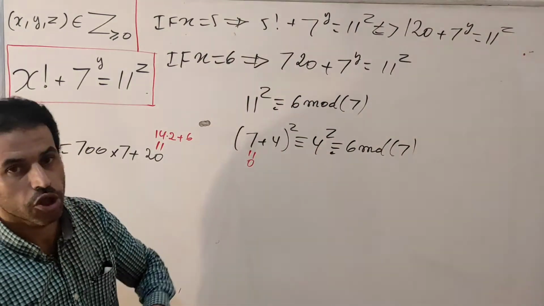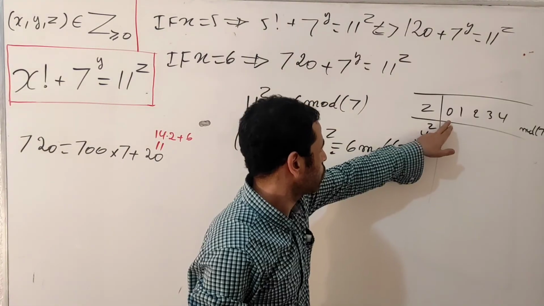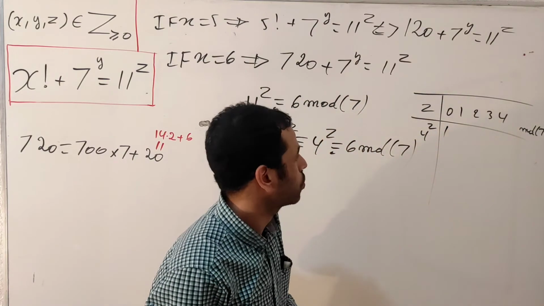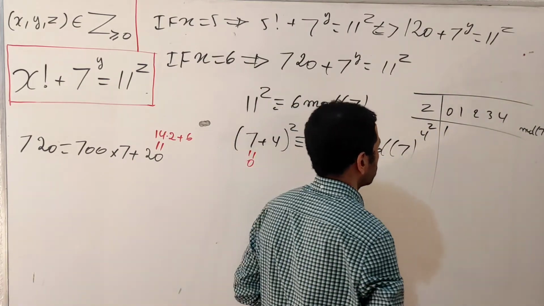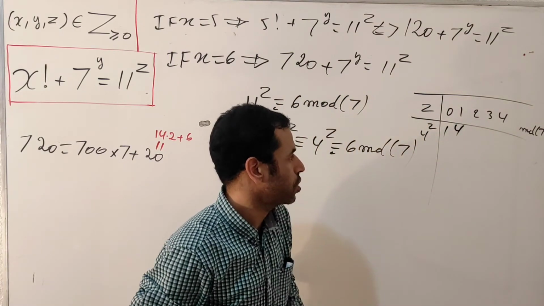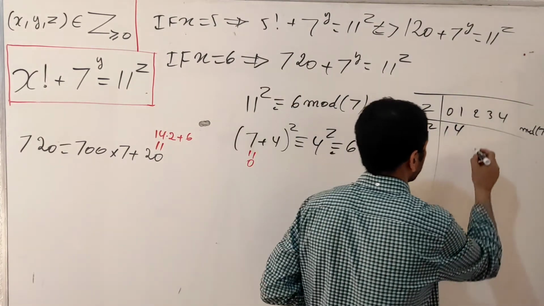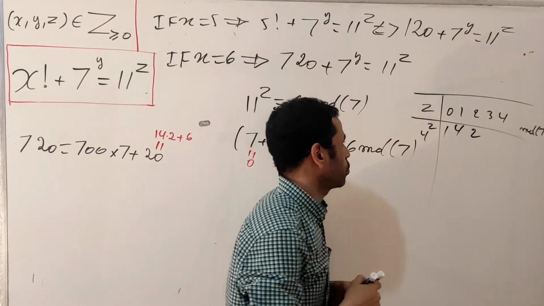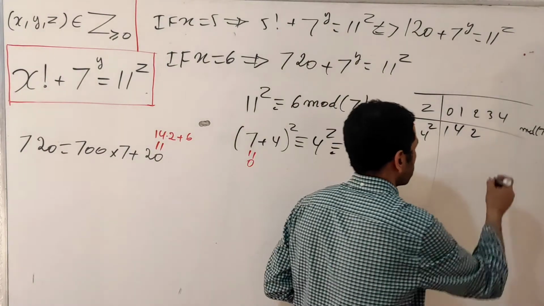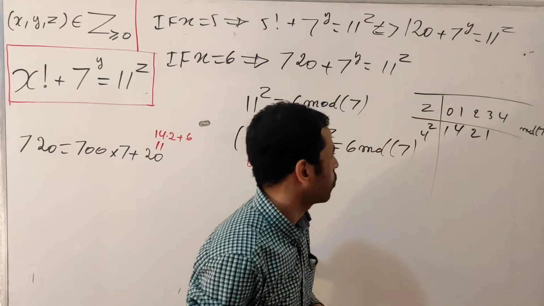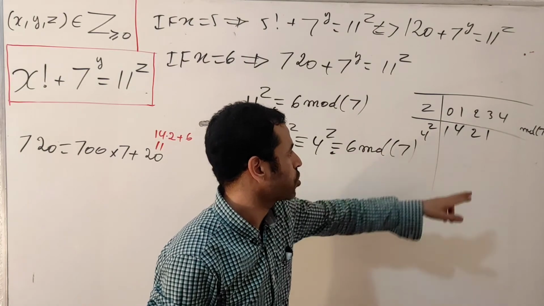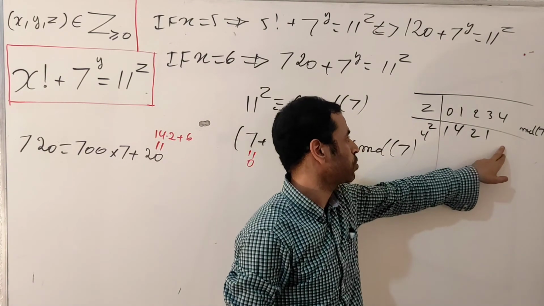Okay, I'm going to do the chart as I did before. 4 to the 0 is 1, 4 to the 1 is 4, 4 to the 2 is 16, 16 is 2 more than 14, which is 2. 4 to the 3 is 64, 64 is 1 more than 63. 4 to the 4 is 16 multiplied by 16, which is 4 squared multiplied by 4 squared, 4 squared is 2, 2 multiplied by 2 is 4.